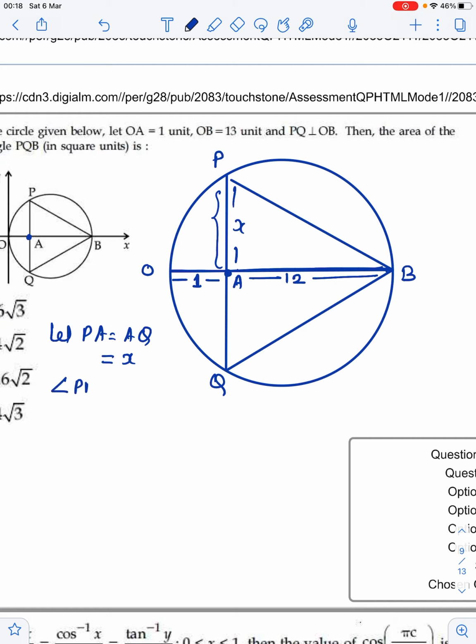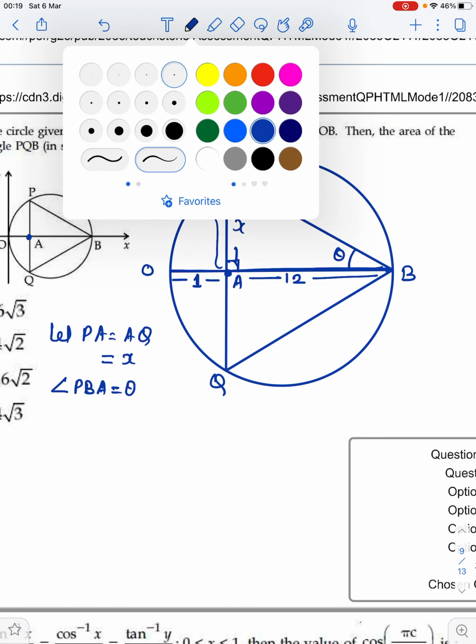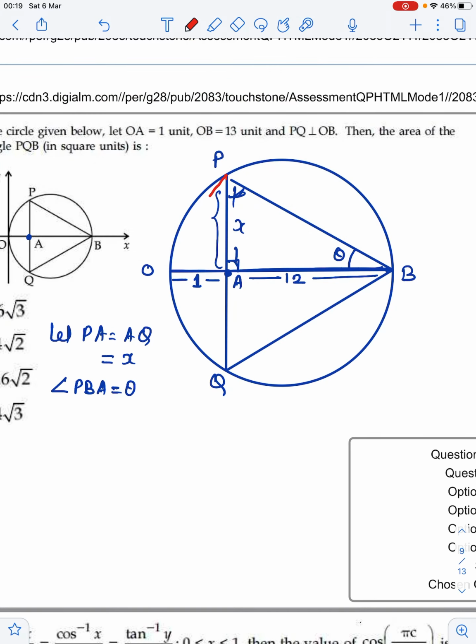And let angle PBA be theta. So if this is theta, because this is 90, this is 90 minus theta. And if I make a construction and join OP, this will definitely be a right angle triangle at P, correct?